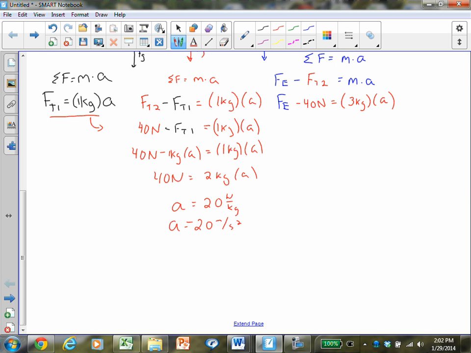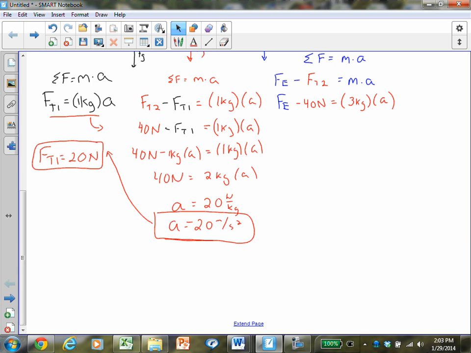All right. So our A is that. So if we bring that up to here, again, we can get FT1 is 1 kilogram times A, or 20 newtons. So we have that, and we have our A. And then now we can come over here and plug this stuff in.